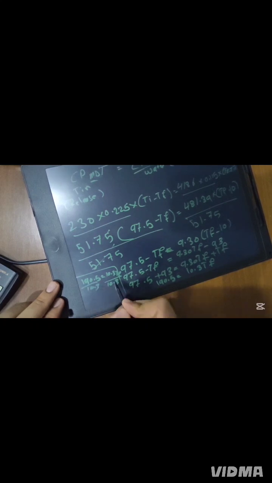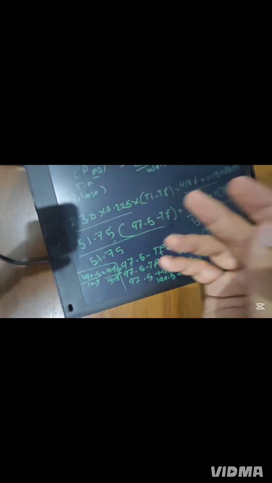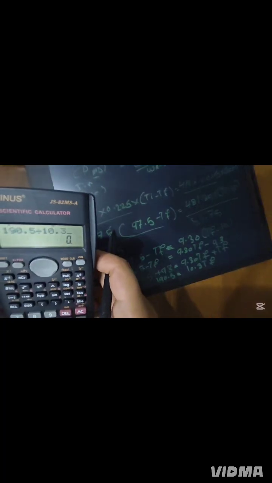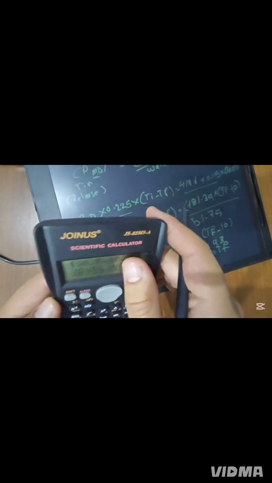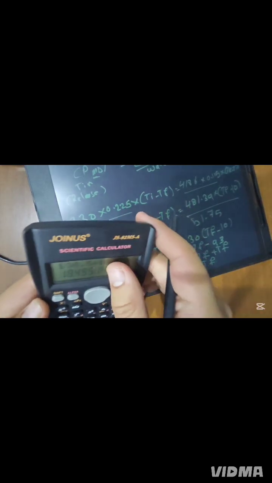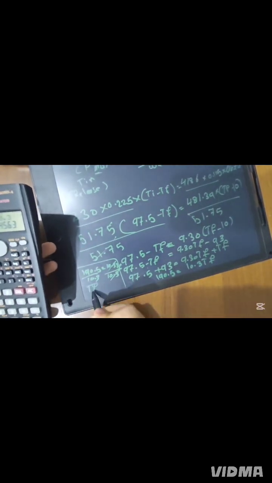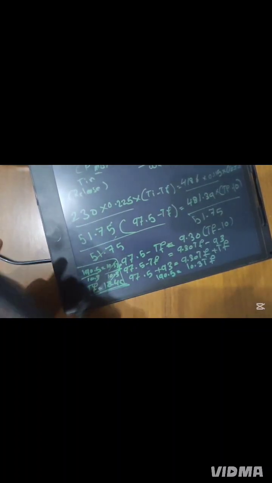This 10.3 is going to be cancelled. 190.5 divided by 10.3. The answer will be 18.4. That last temperature Tf is equal to 18.4 Celsius.